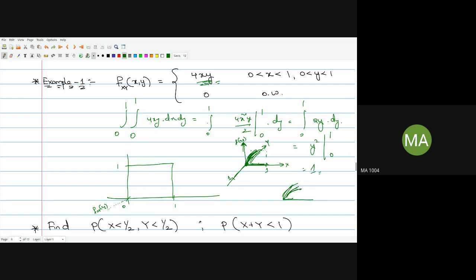At 0.5 and 0.5 it is 0.25. At 1 it is very much higher.